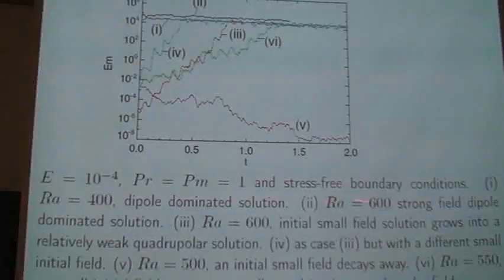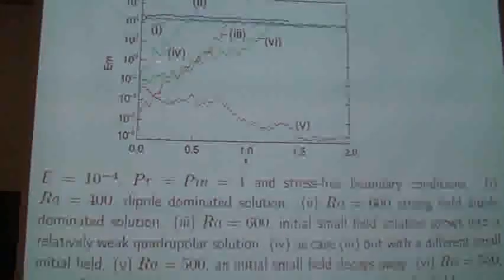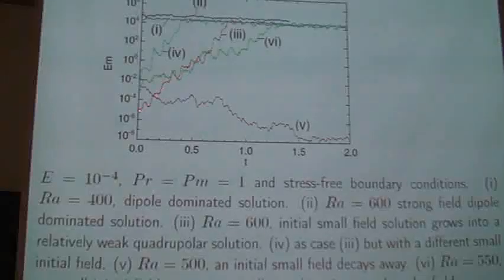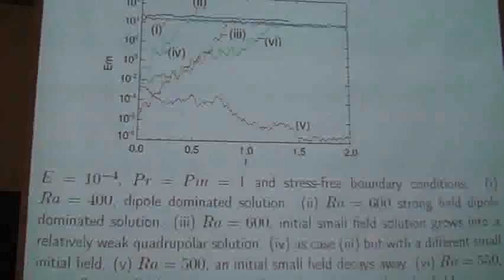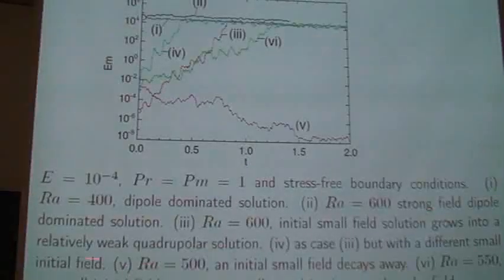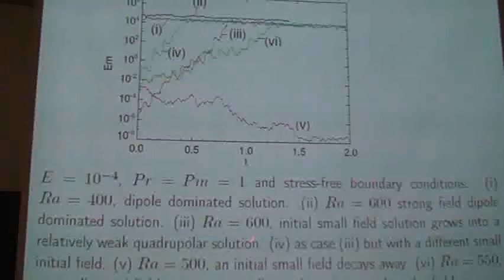Number 2 was started off with a strong field initial condition, again basically from this one actually, whereas 3 had an initial small seed field. It's this thing down here. So it started off with a small field of 10 to the minus 6. But at 600 it did grow, and it grew, but eventually it ended up as a relatively weak quadrupolar solution. So it didn't even end up as a proper dipolar dynamo.